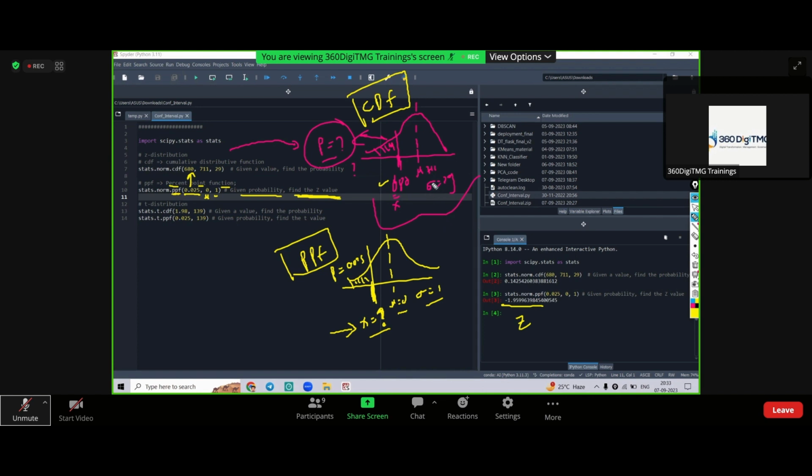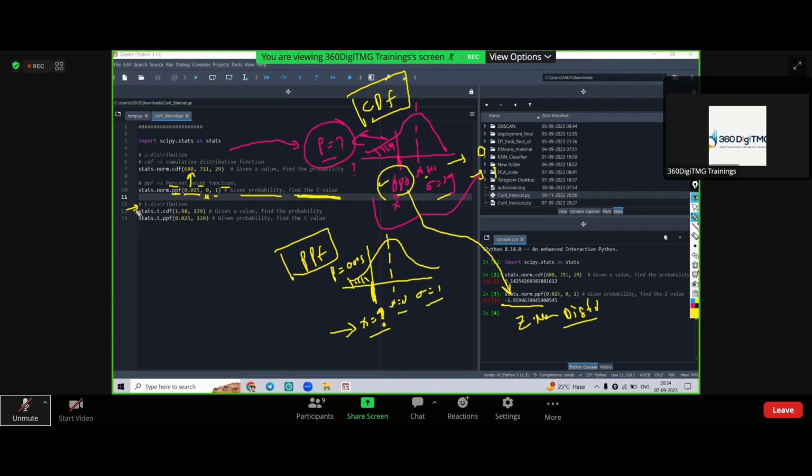Here mu was 711 and sigma is this one. So if I standardize it, and say mu is 0, sigma is 1, then obviously this value will be this one, which is the standard normal distribution. So this is my z value.